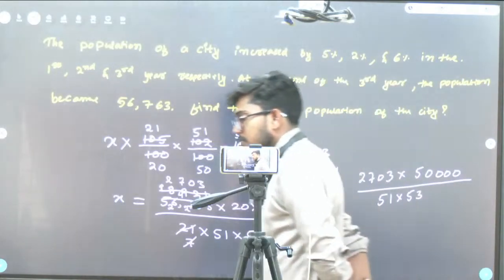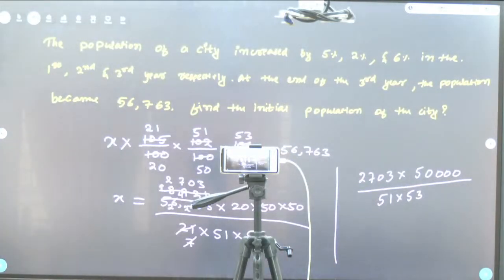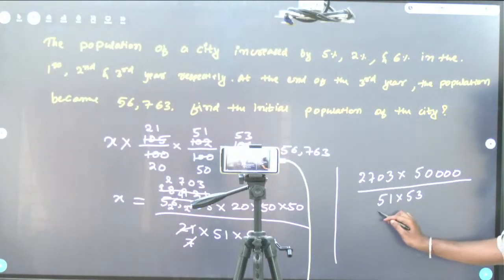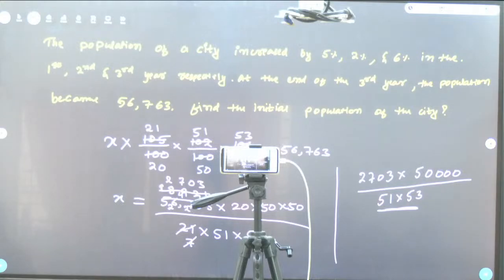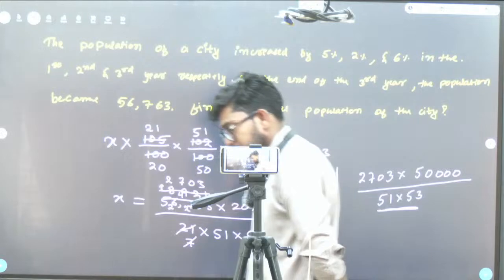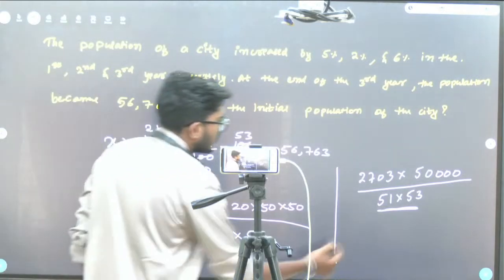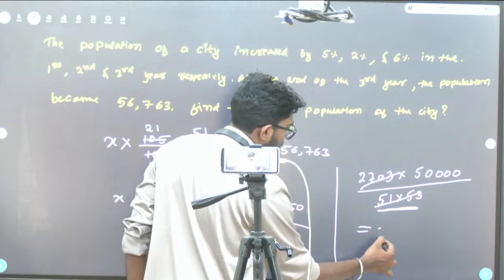Check. 52 squared minus 1. Because of these two middle values, you can check: 52 squared minus 1. Cancel directly, 2703 comes, right? This value directly cancels and the remaining will be 50,000.